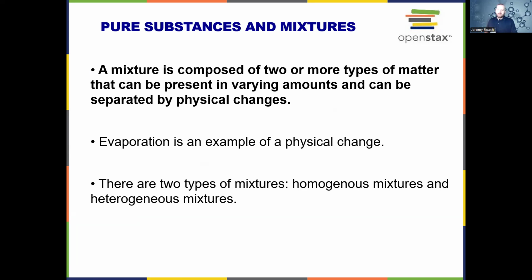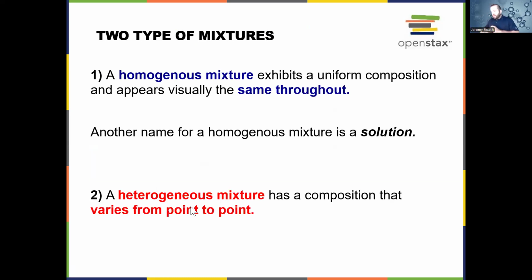There's 2 types of mixtures: homogeneous mixtures and heterogeneous mixtures. A homogeneous mixture has a uniform composition, and it appears the same throughout. Another term for homogeneous mixture is a solution.